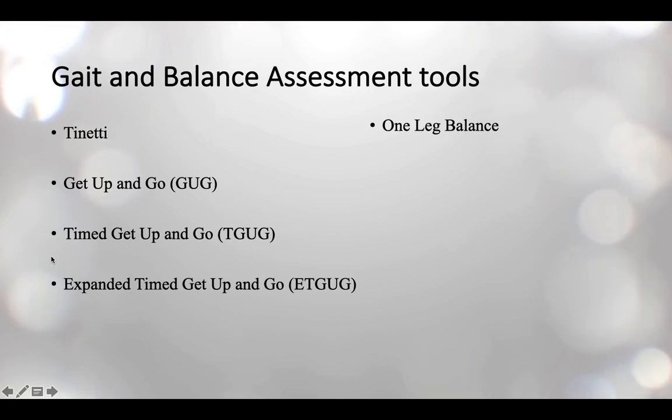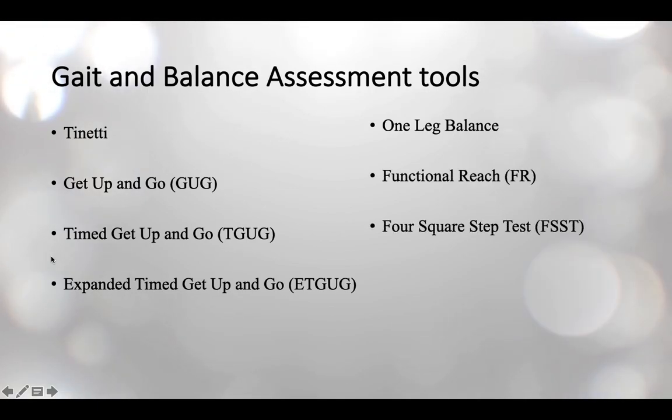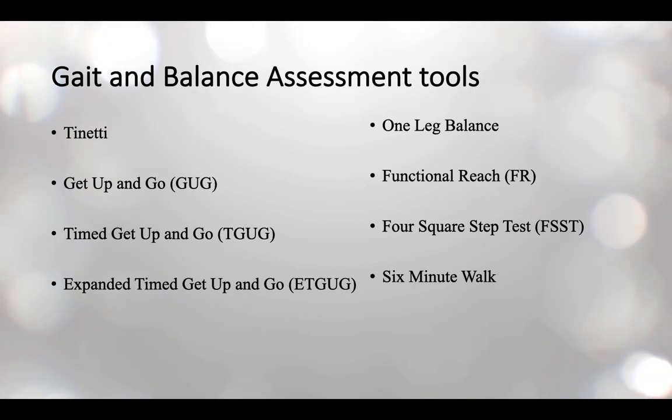One leg balance, functional reach, 4 square step test, and 6 minute walk. So basically, 6 important tools: TINETTI, get up and go, one leg balance, functional reach, 4 square step test, and 6 minute walk. Get up and go has 2 further modifications: timed get up and go and expanded timed get up and go.